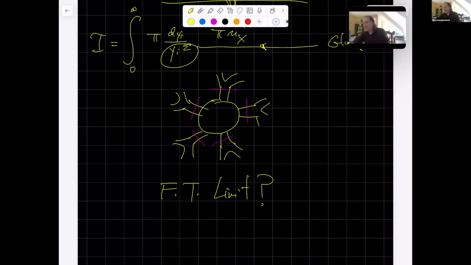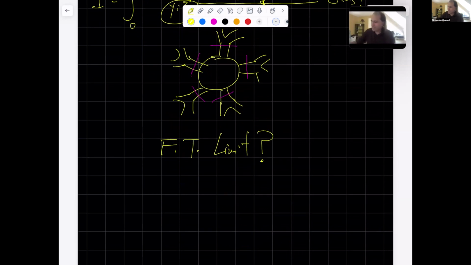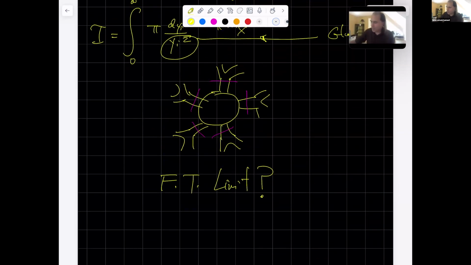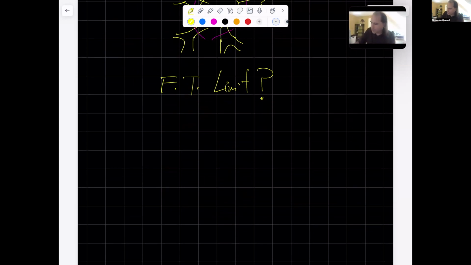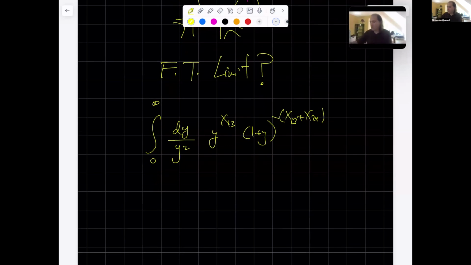Okay. But let me tell you at least one way to take the field theory limit that does tell us something qualitative, which we already see in the simplest example. So if we have the example of 4 points, something like dy over y squared, and then a y to the x13, and this is the 4 point minus x13 plus x24, but there's a dy over y squared here.